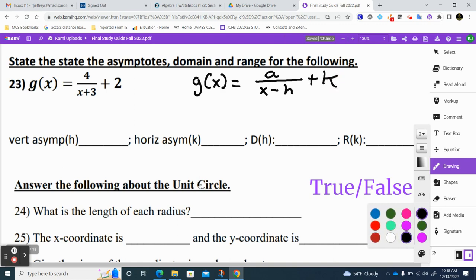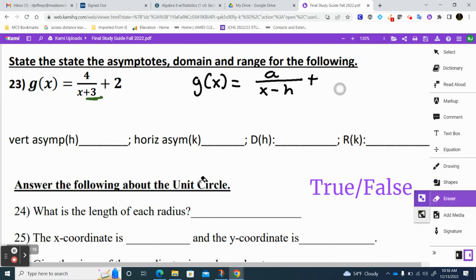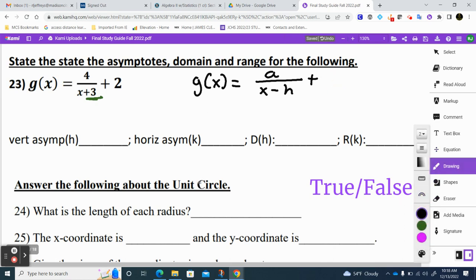Our vertical asymptote is going to be our h value. Remember, that's the opposite. This identifies as a k, that identifies as an h. Our vertical asymptote, that's the opposite sign right here. So this is x equals -3. Remember, h is always the opposite of what it's written.